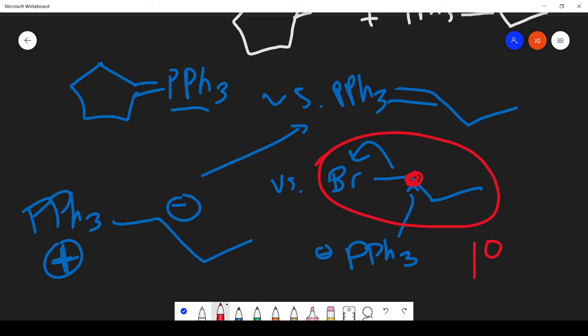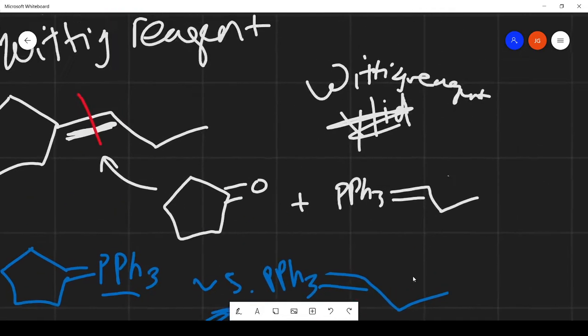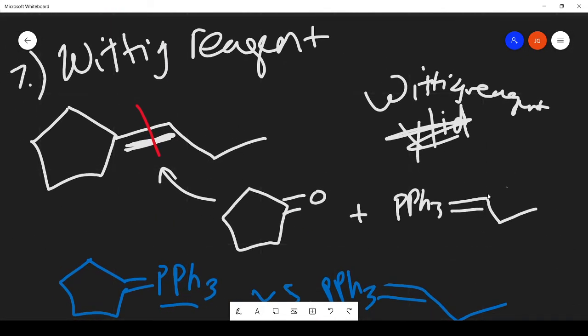And you're going to notice that this negative charge can just move here to form the double bond. So that's how that works. In this case, the Wittig reagent is going to favor the primary alkyl halide, and that's the reason why. So this is our Wittig reagent. This is our carbonyl.